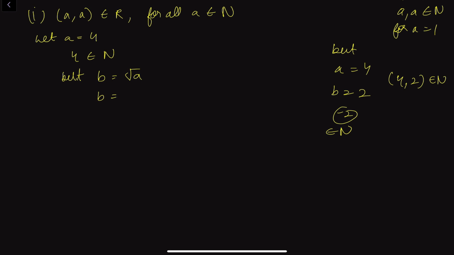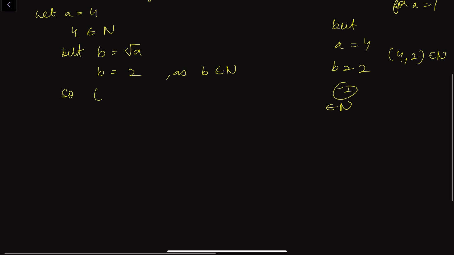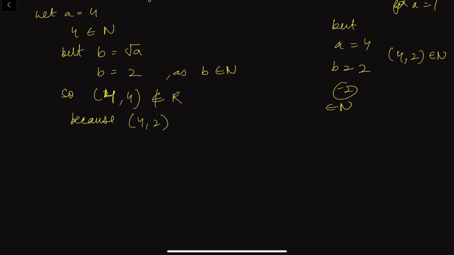So b is equal to 2 as b belongs to natural numbers. So (4, 4) does not belong to R because (4, 2) belongs to R. This statement is not true.